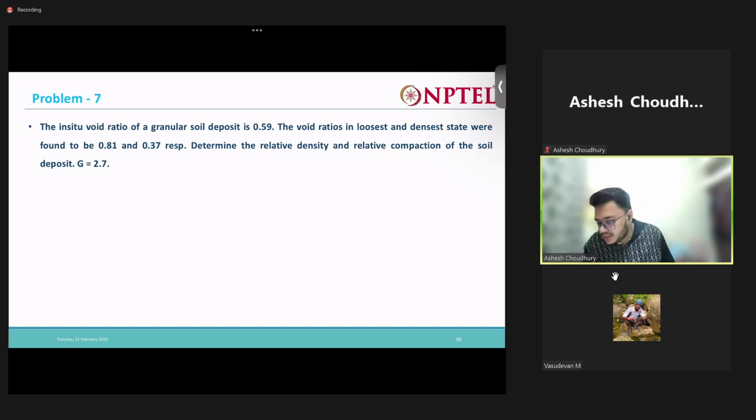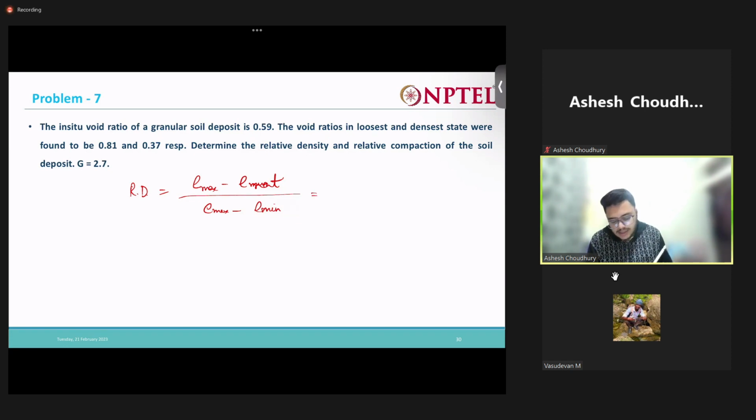Now, can you tell me the formula for relative density again? What is the formula for relative density? It is (e max minus e natural) by (e max minus e min), right?